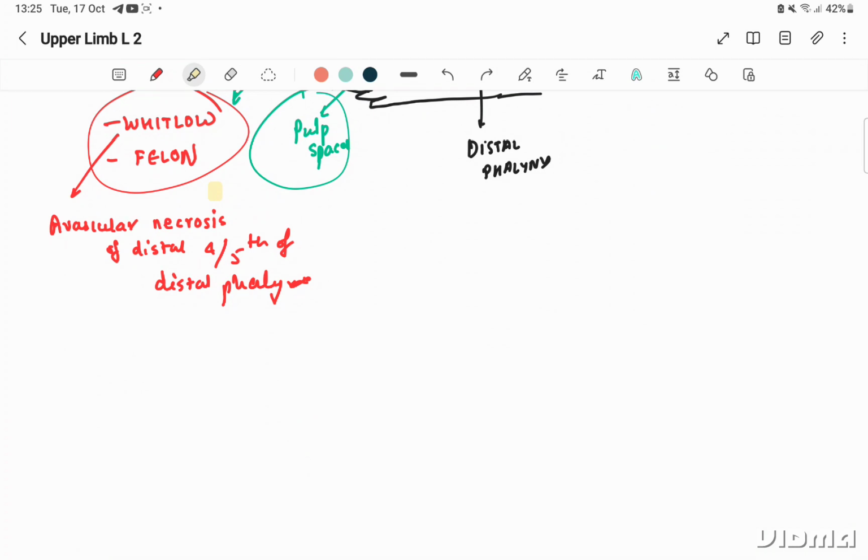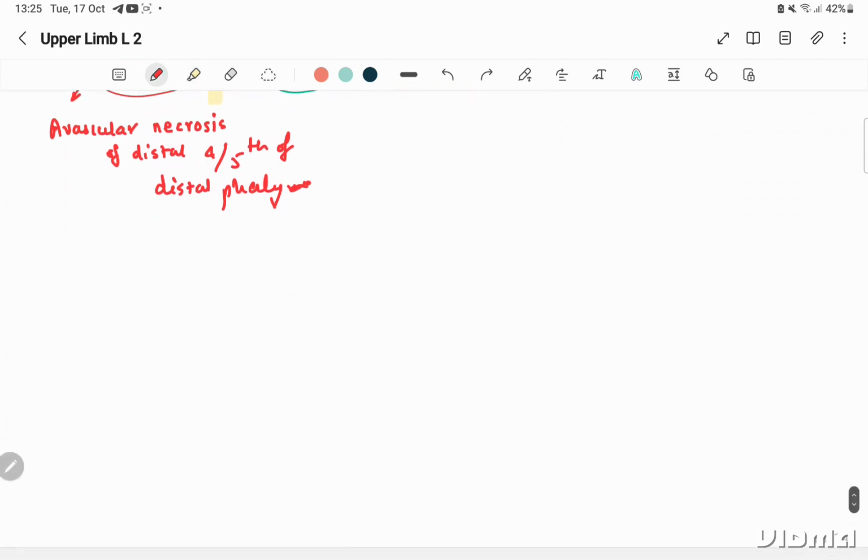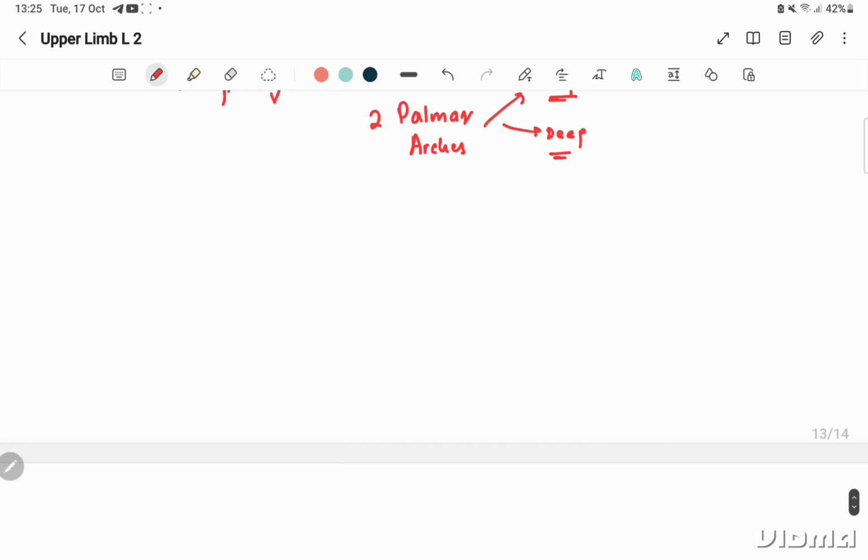Next we have to talk about the arterial supply of the palm. Okay, so we have two palmar arches, arterial arches or palmar arches. We have a superficial palmar arch and a deep palmar arch. Let's draw a hand.